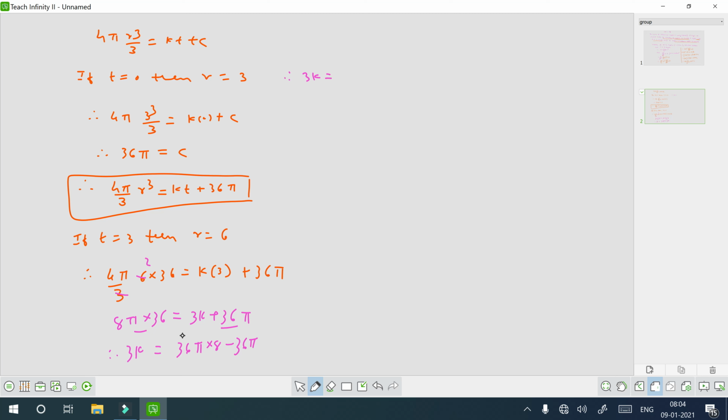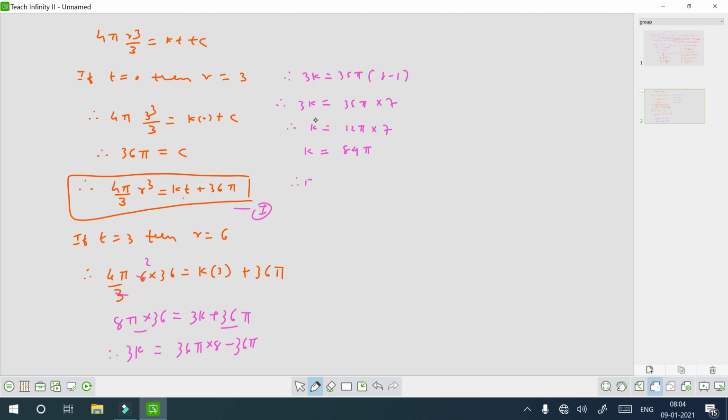So 3k is equal to 36 pi common, what we get? 8 minus 1. So 36 pi into 7. So that comes out. Now 3k is there, so divide by 3, k is equal to 12 pi into 7. So 7 twos are 14, 1 carry, 84 pi. k is equal to 84 pi. So put it here in this equation.